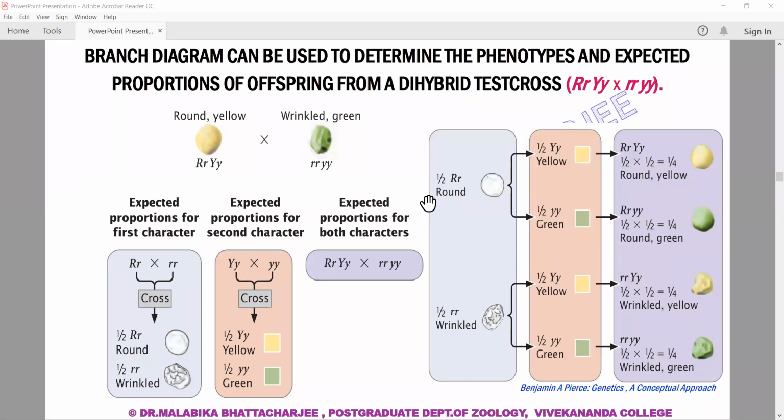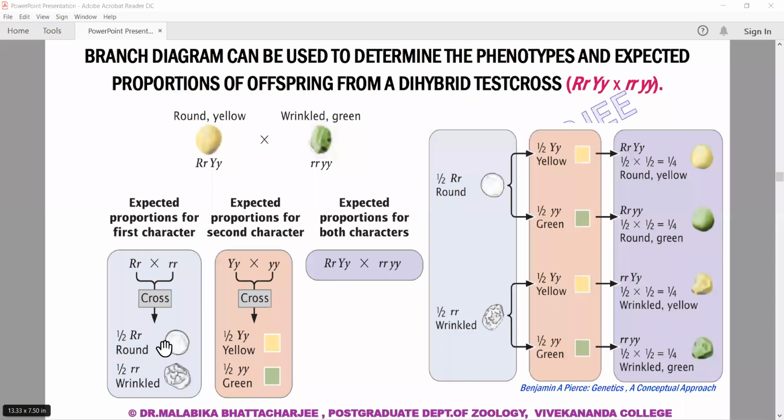So what we do, we take half round seeds that we got here and multiply it with both the yellow and the green ratios. Half round seeds into half yellow seeds, we get 1/4 round yellow seeds. Half round seeds into half green seeds, we get 1/4 round green seeds.